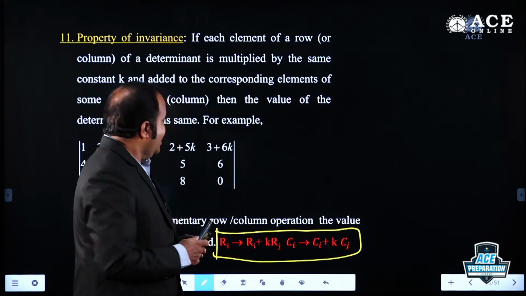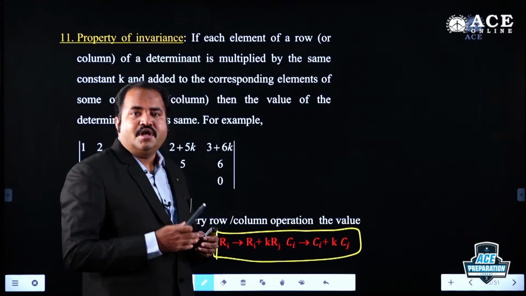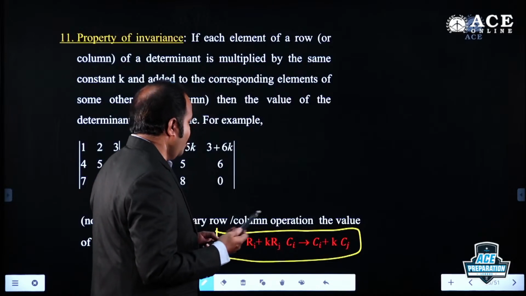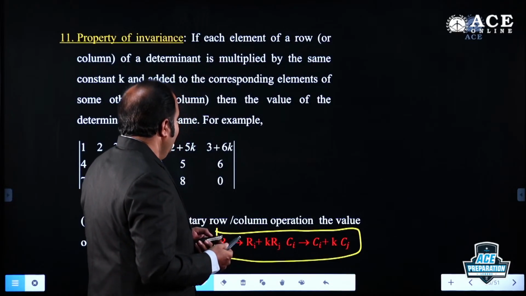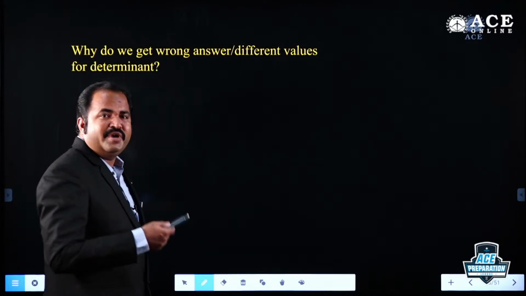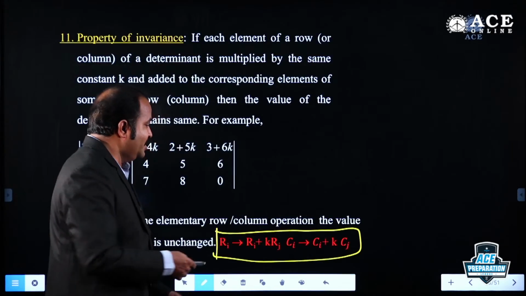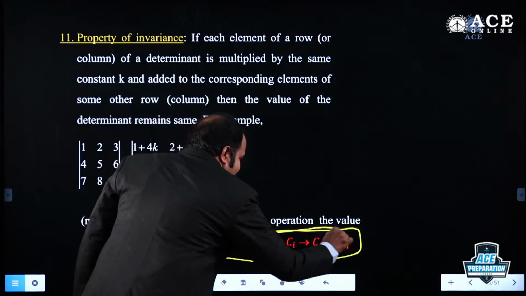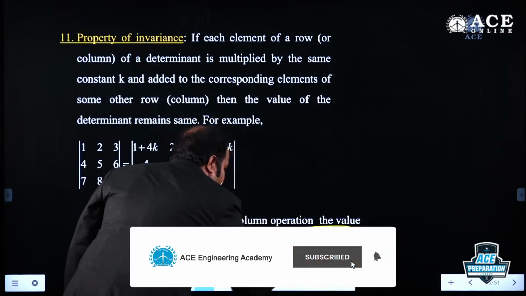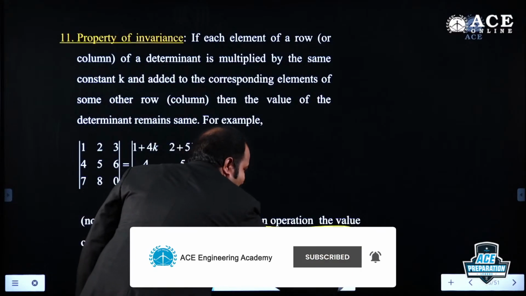These are the important properties which are very useful to solve determinant problems. So why do we get wrong answers or different values for a determinant in general? Because of this. You have to remember these operations; by performing these types of operations, we get the correct answer only.